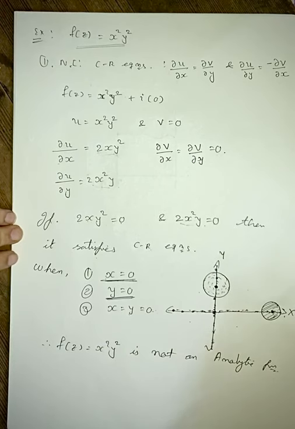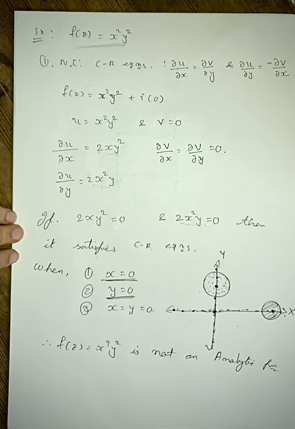to find out whether it is an analytic function or not. It is not important in terms of solving problems in the exams, but it will be helpful to visualize this particular thing.